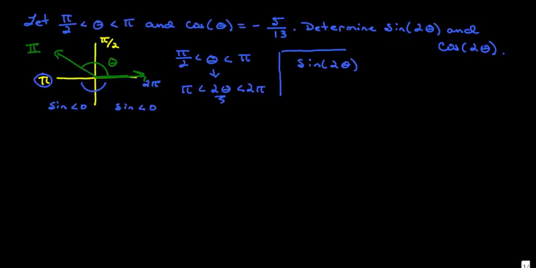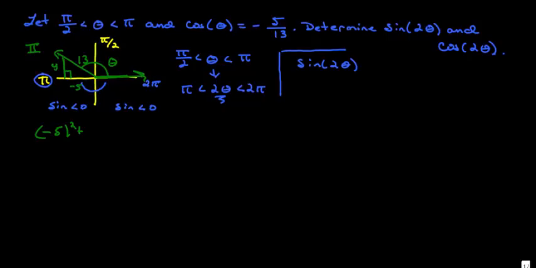What do we need to know about this triangle over here? Well, let's construct our triangle. And we know that for that angle theta, it has a cosine value of negative 5 over 13, which means that this length down here is negative 5. This length here is 13. Finishing out that triangle, we end up with the adjacent side being the negative 5, so we'll square that.